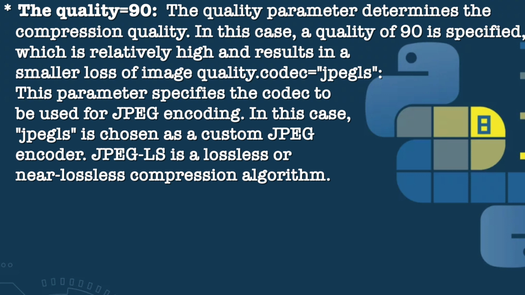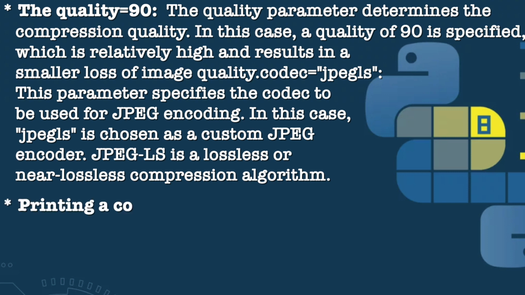This parameter specifies the codec to be used for JPEG encoding. In this case, JPEG-LS is chosen for a custom JPEG encoder. JPEG-LS is a lossless or near-lossless compression algorithm.